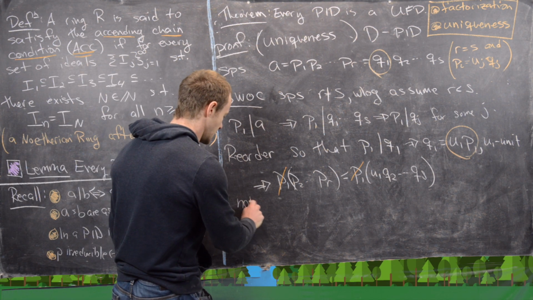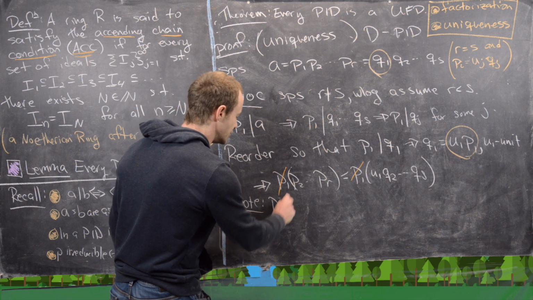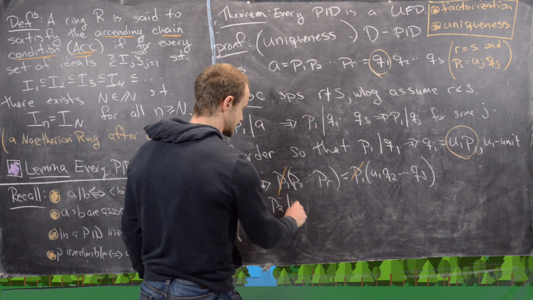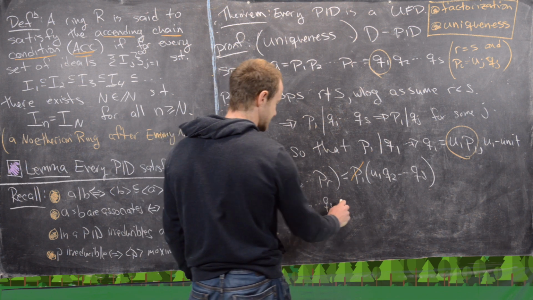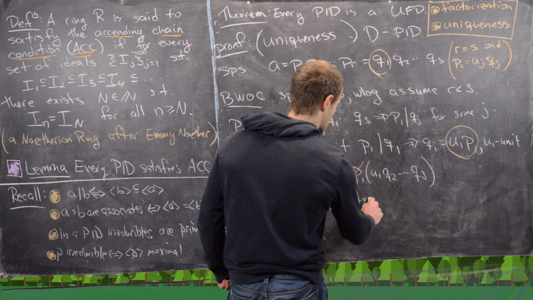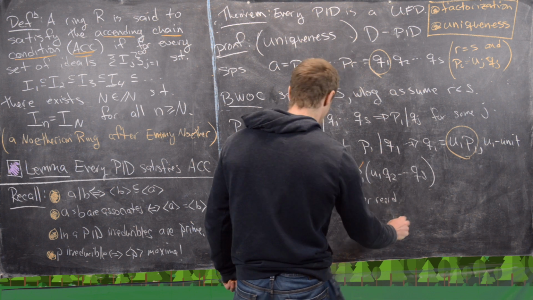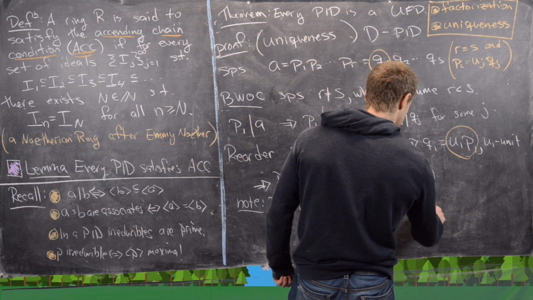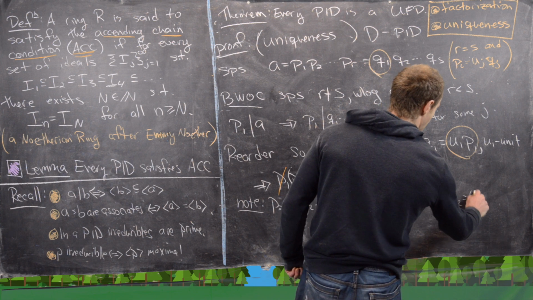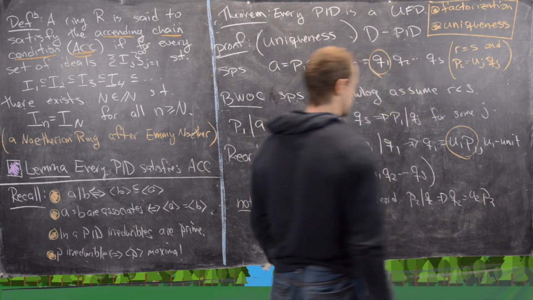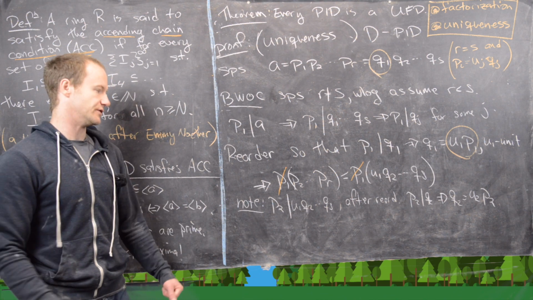So notice that P2 divides this right-hand side, U1 times Q2 all the way up to QS. And then after reordering, we can say that P2 divides Q2, but that means that Q2 equals U2 times P2 for some unit U2.